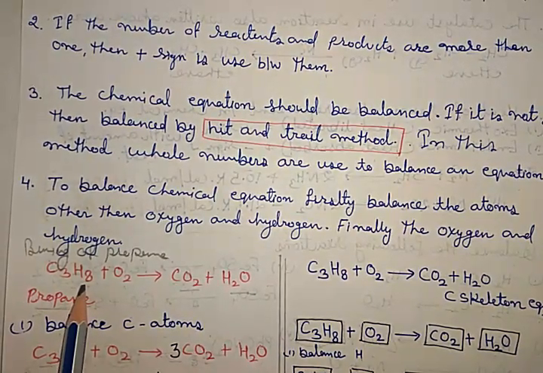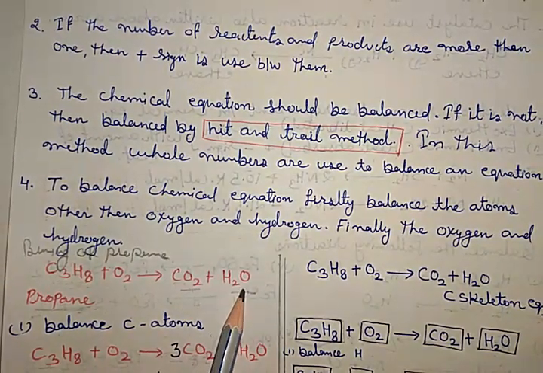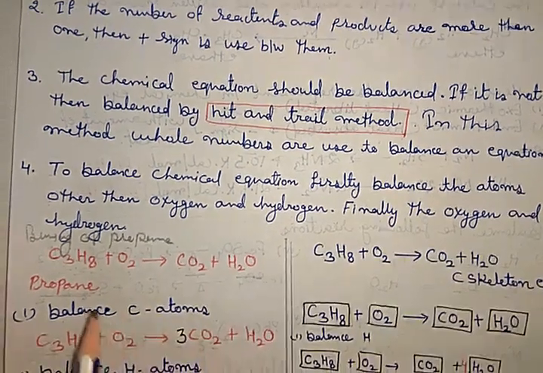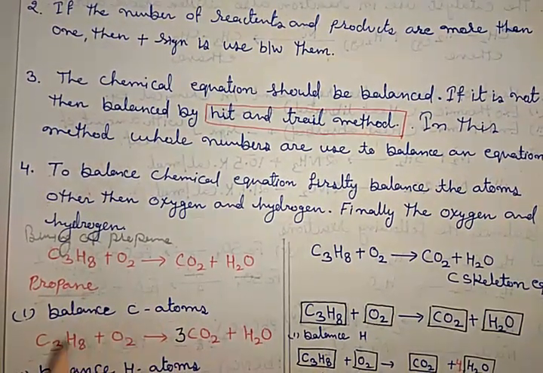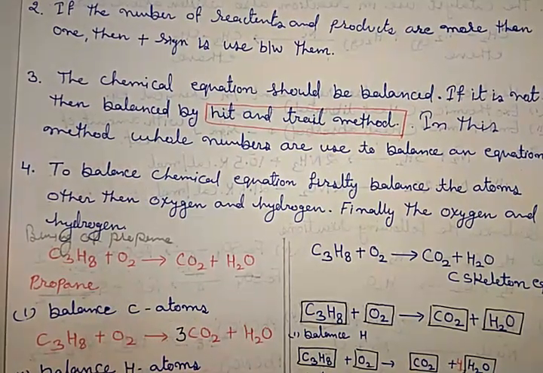The remaining part is hydrogen, so hydrogen converts into its oxide, which is water. Okay. Here, is it balanced or not? You can easily find that there are 3 carbon atoms here and 1 there, so it is unbalanced.